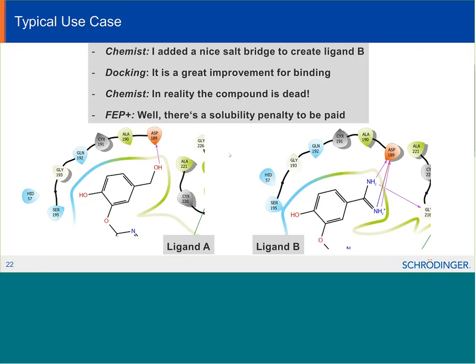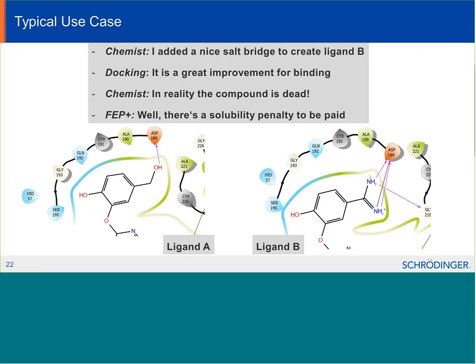But if you go through the process of actually making and testing the compound, you might realize that it's actually not potent at all. And the reason for that, which, unlike docking, FEP Plus should always implicitly give you in the calculations because it does consider the solvated state, is that these guanidinium groups might make strong interactions, but of course there is a large desolvation penalty to be paid to move them into a binding pocket, to strip them of their water shell.